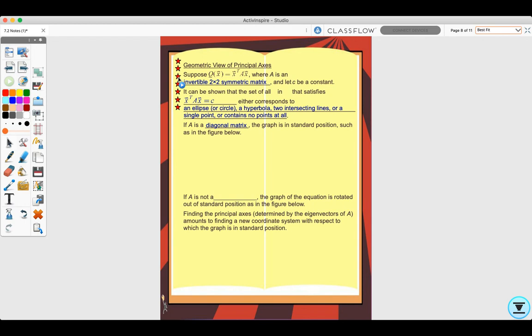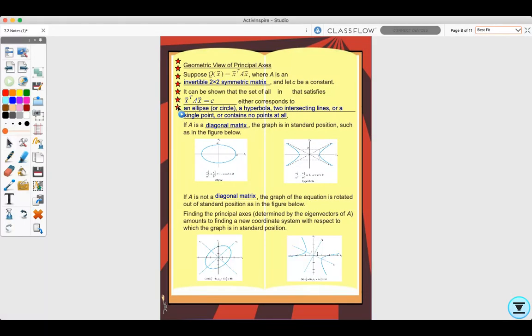If A is a diagonal matrix, the graph is in standard position, such as in the figure below. If A is not a diagonal matrix, the graph of the equation is rotated out of standard position as in the figure below.